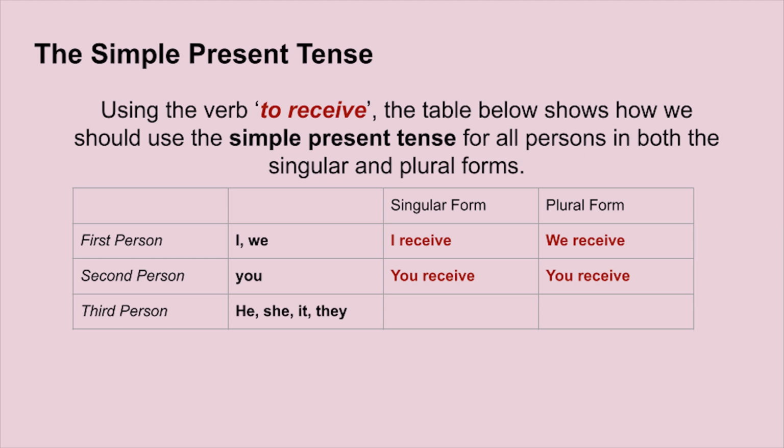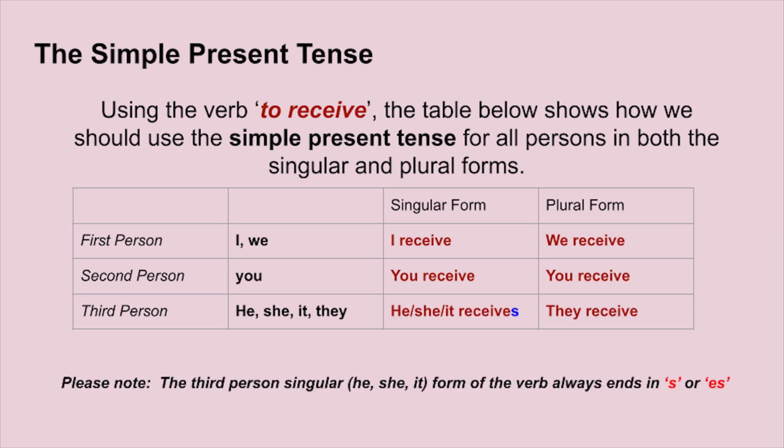For the second person singular, it's you receive, and second person plural, you receive. Note, however, for the third person singular, we add an S to the verb. So it's he, she, it receives. And for the third person plural, it's they receive.